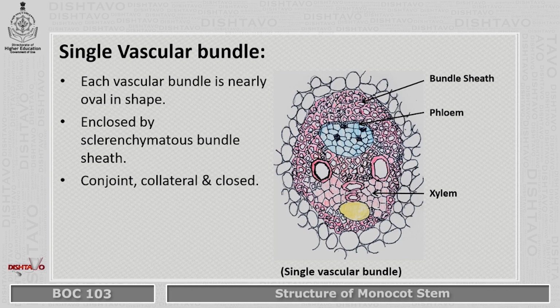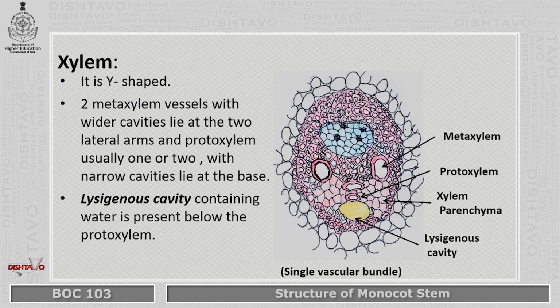Each vascular bundle is enclosed by sclerenchymatous bundle sheath. The vascular bundle is conjoined, collateral and closed, meaning xylem and phloem are present side by side. Mainly, phloem is towards the periphery and xylem is towards the inner side. Xylem is Y-shaped.